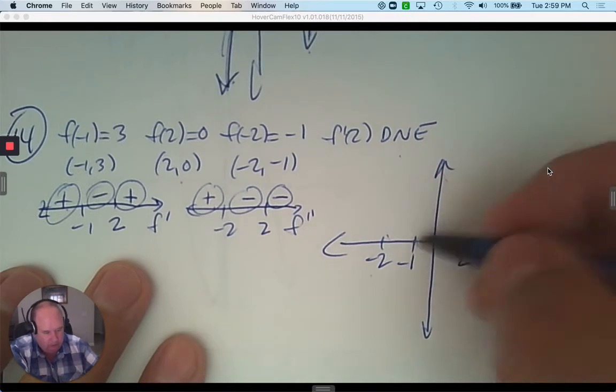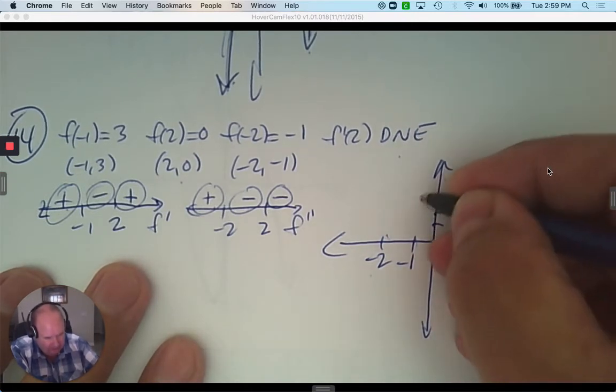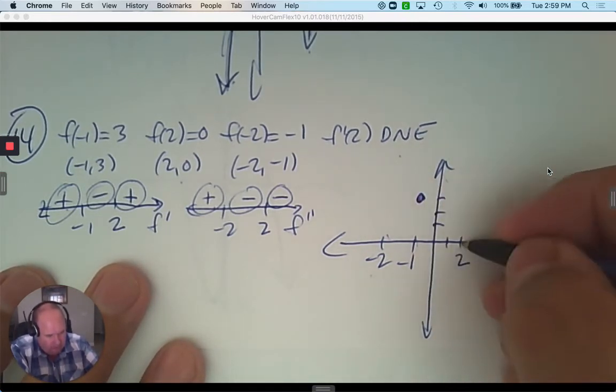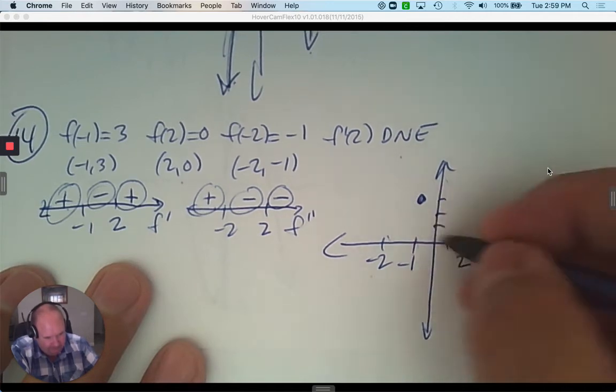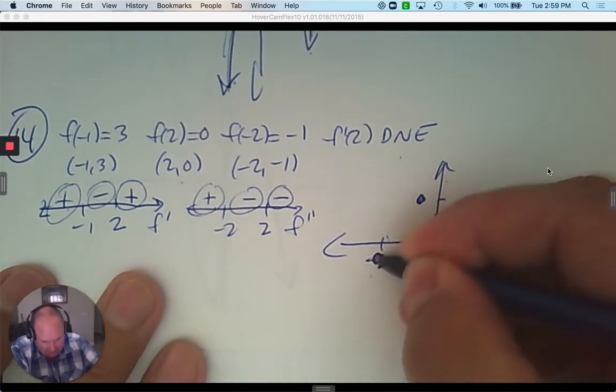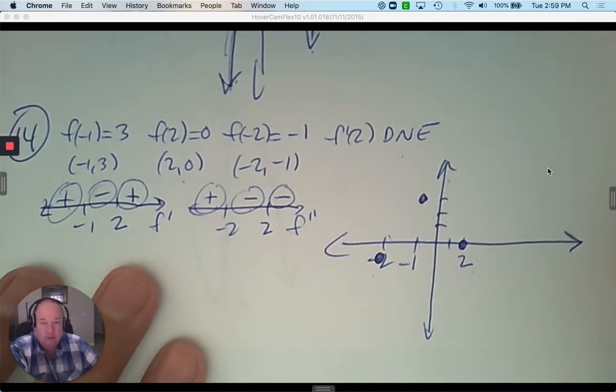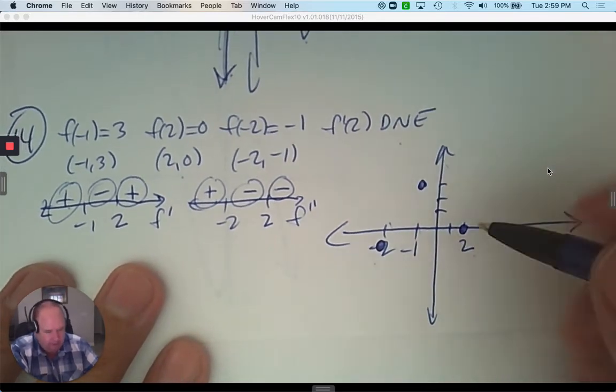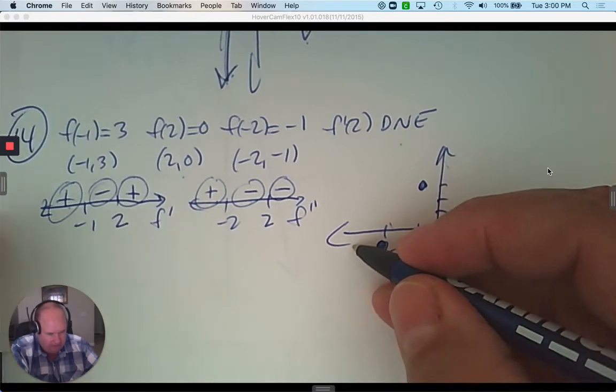Points we know: we know (-1, 3), we know (2, 0), and (-2, -1). So the derivative doesn't exist, but the point exists there. So let's start there. To begin with, we'll go left first.